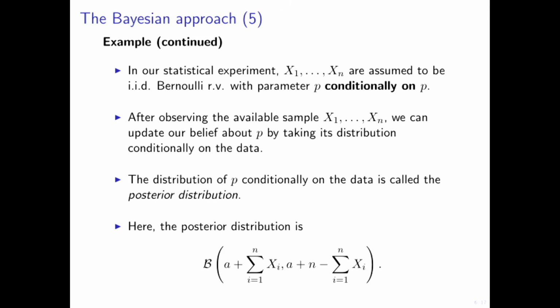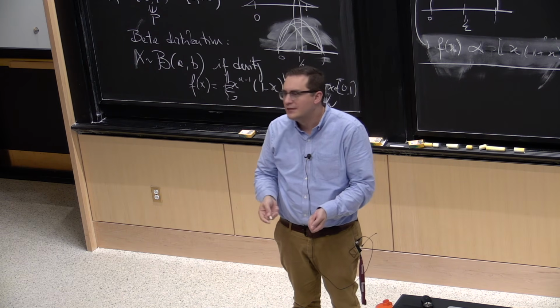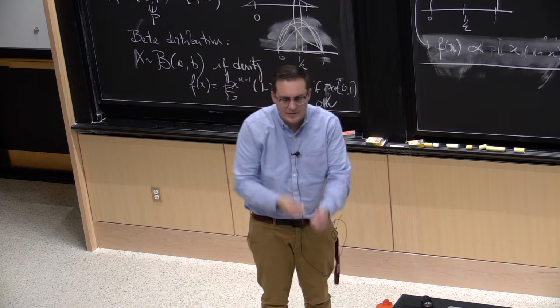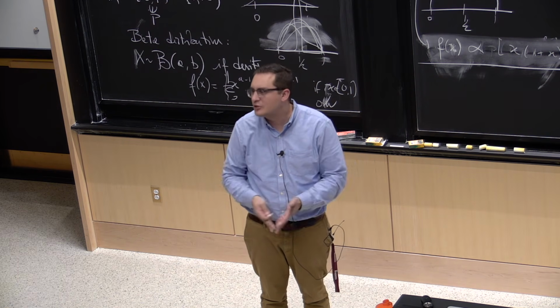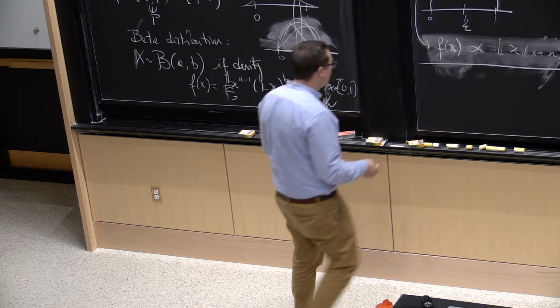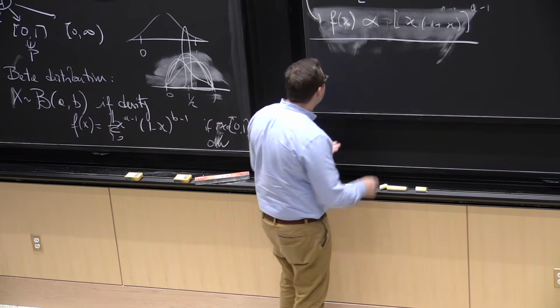So if we continue with our experiment, that's the experiment where I'm drawing this data, x1 to xn, which is Bernoulli p. If p has some distribution, it's not clear what it means to have a Bernoulli with some random parameter. So what I'm going to do is first draw my p. Let's say I get a number, 0.52. And then I'm going to draw my data conditionally on p. All right, so here comes the first and last flowchart of this class.